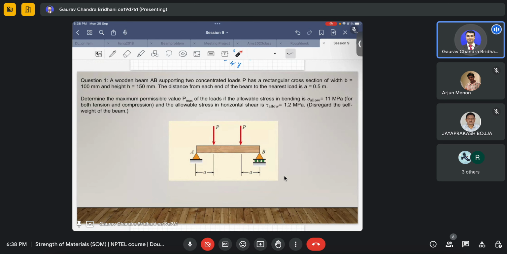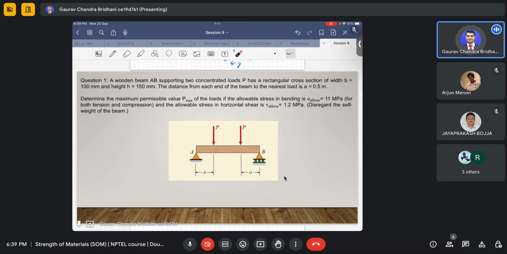The first problem says that a wooden beam AB supporting two concentrated loads P has a rectangular cross section of width b equal to 100 mm and height h equal to 150 mm. So a wooden beam is given which is supporting two concentrated loads. You can see how the load P is applied.